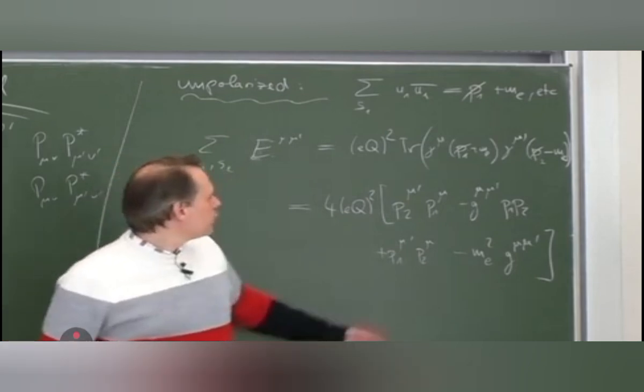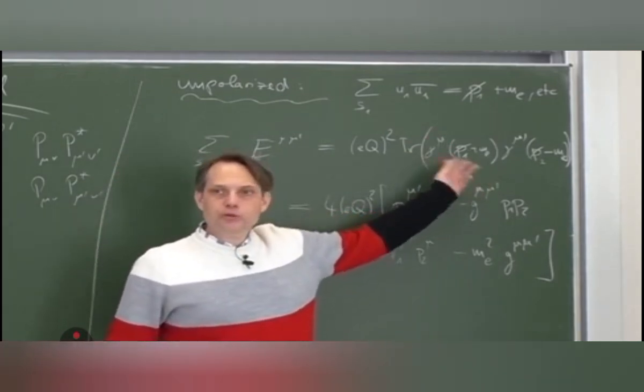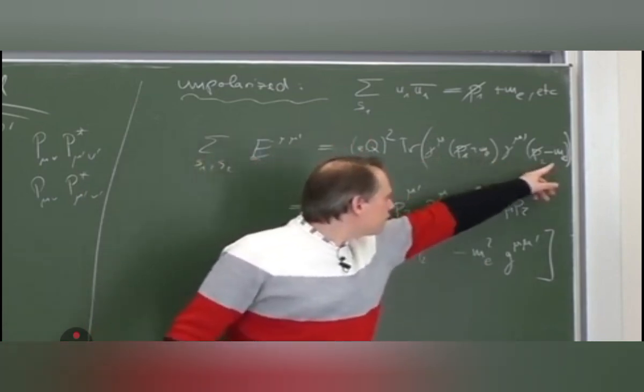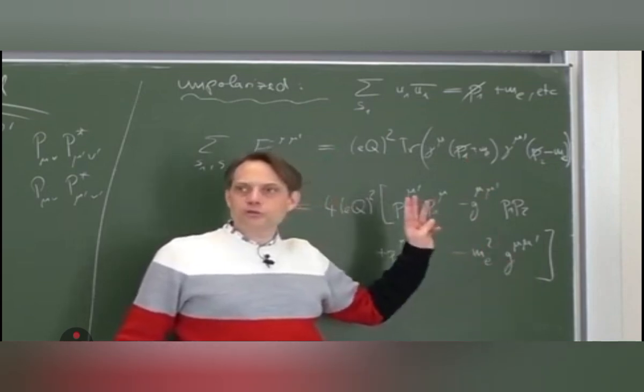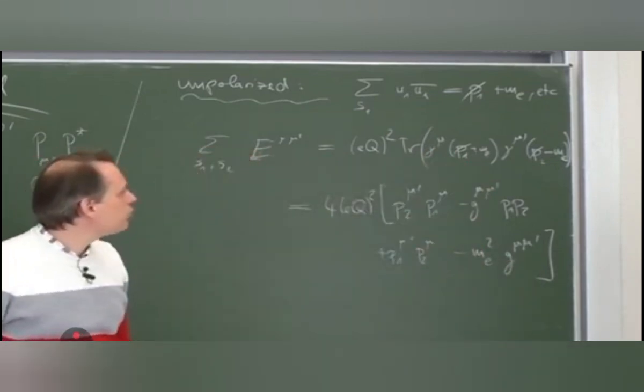So we have 4 terms. Why 4 terms? Because the thing with 4 gamma matrices gives us 3 terms in the result, and the term with the mass gives us just 1 term in the result, and the trace of the products of 3 gamma matrices vanishes, and therefore we get exactly those 4 terms here.